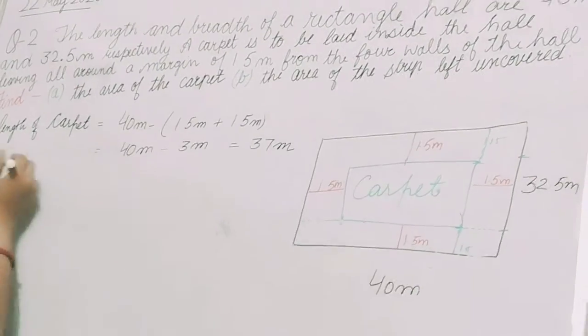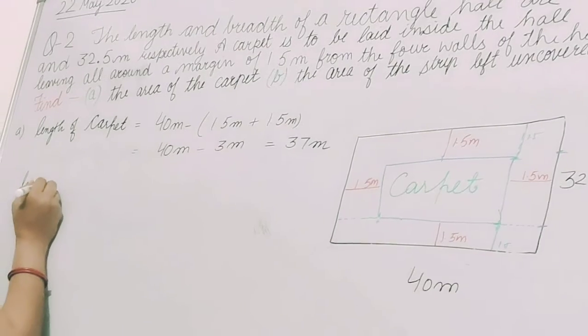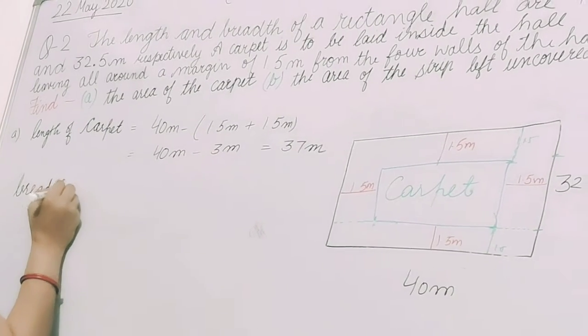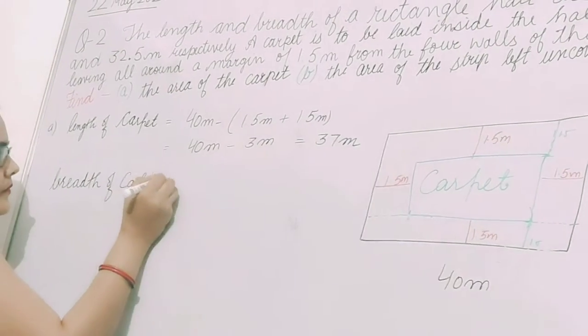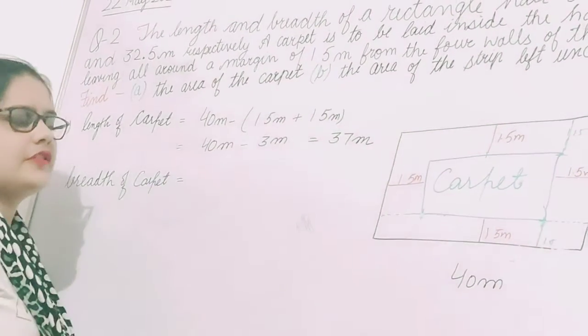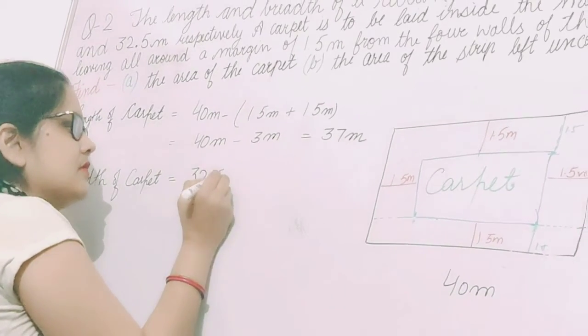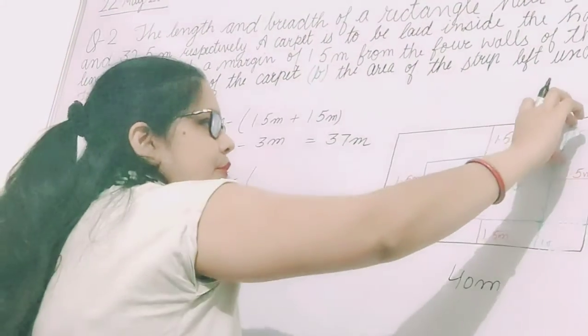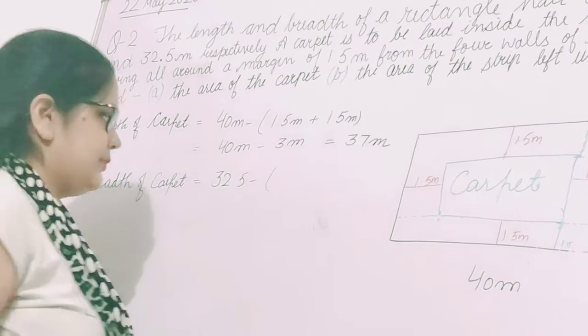Now breadth of carpet, breadth of the hall is 32.5 meter. So minus 1.5 minus 1.5, then you will get breadth of carpet.